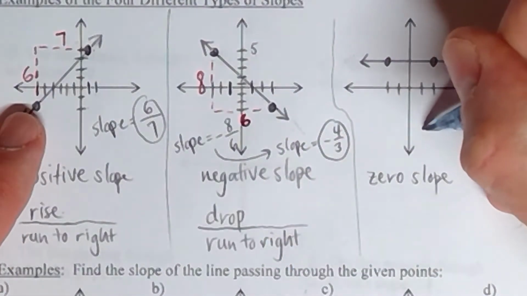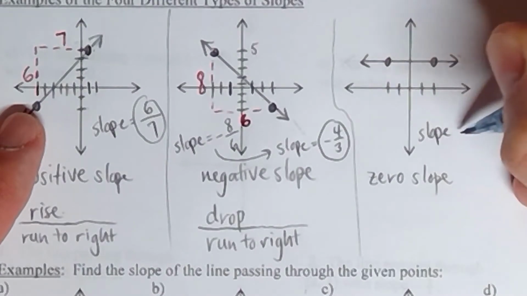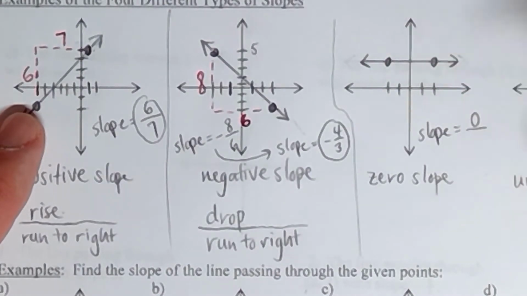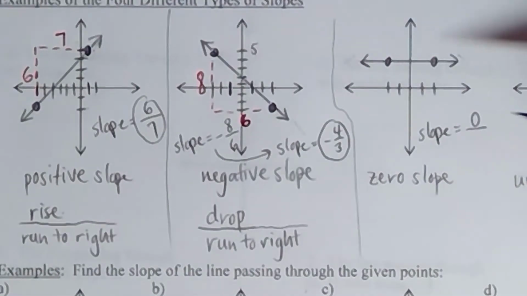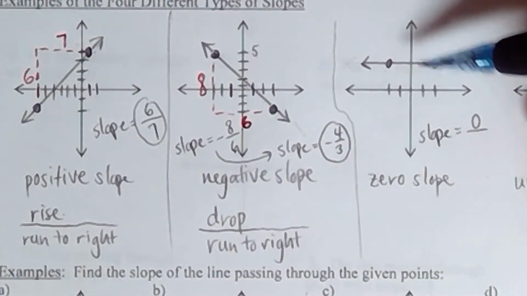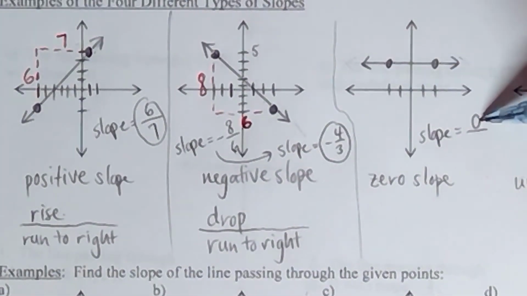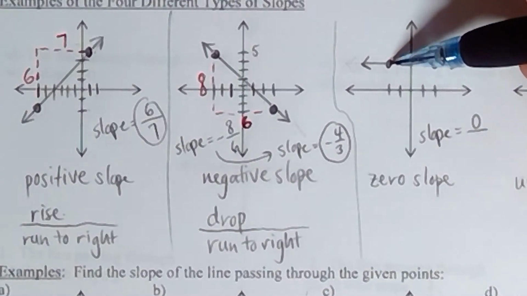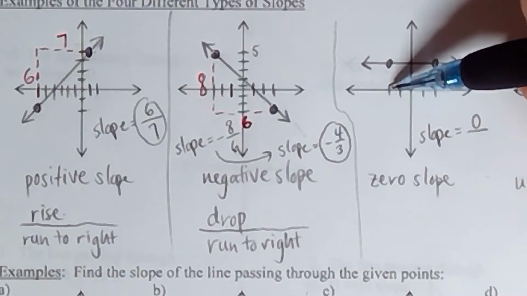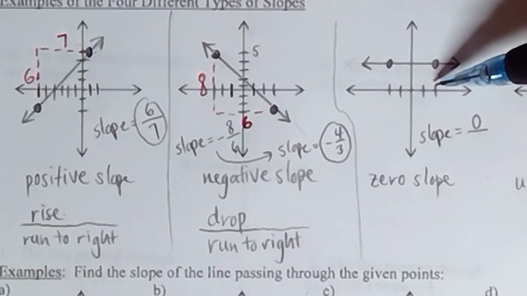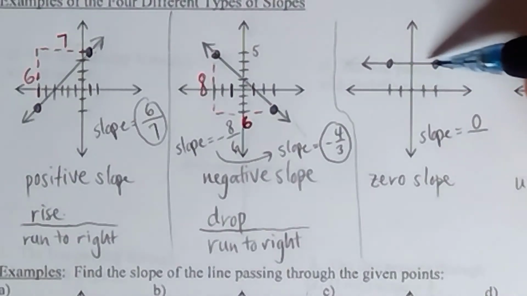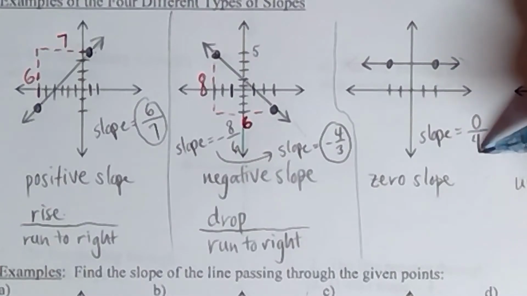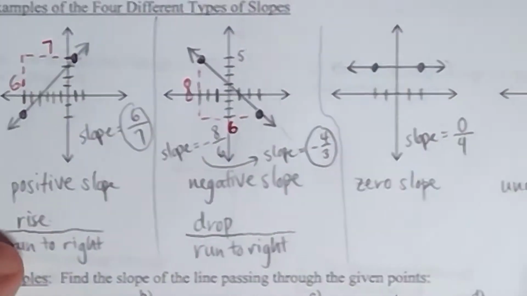Now, as you can see here, it doesn't rise or drop at all, so the top is 0, but it does run from this point to this point. It runs a distance of 1, 2, 3, 4 to get from that point to that point. So it runs to the right 4, so the slope is 0 over 4.